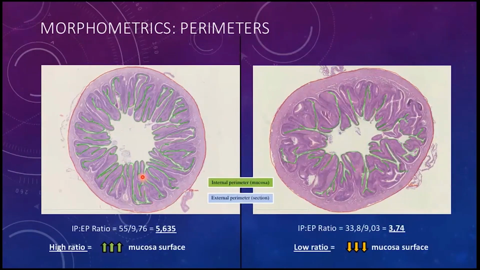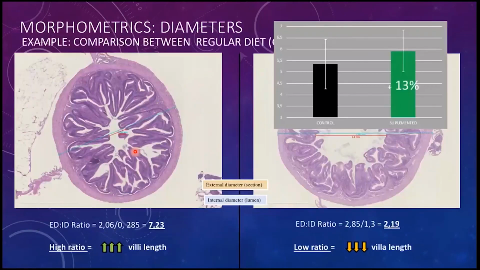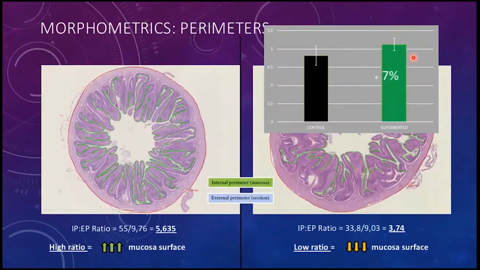Similarly, with the perimeters, we also see that the internal perimeter to external perimeter ratio is higher when we have a better, well-developed intestinal mucosa. So again, the supplemented diet presents higher average ratios when compared to control diet.